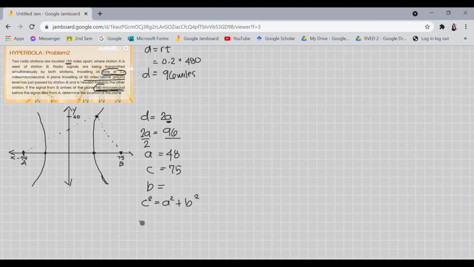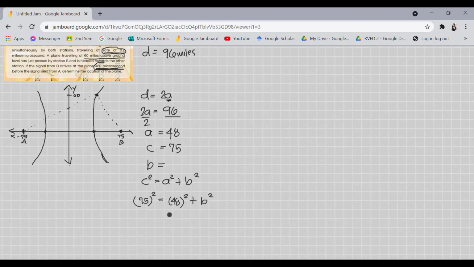Our C is 75, so we write 75 squared is equal to, our A is 48, so 48 squared plus B squared. Let us rewrite it, since we are solving for B. We write B squared is equal to 75 squared minus 48 squared.